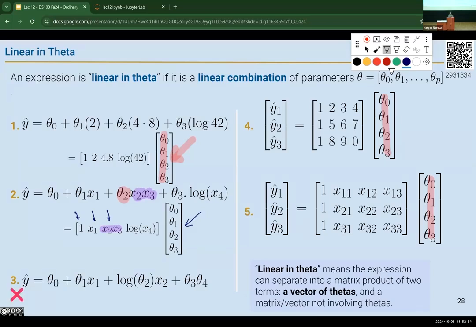What we're seeing in the last one is not linear in theta. There's no way that you can just factor out all the thetas into one vector and be able to create this term of theta 3 multiplied with theta 4. So only the third option is not linear in theta.